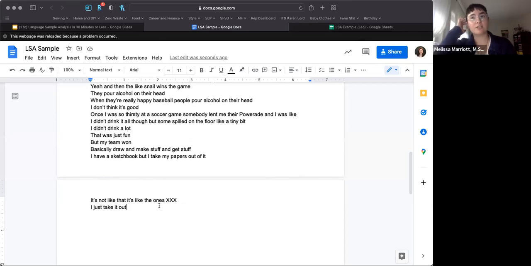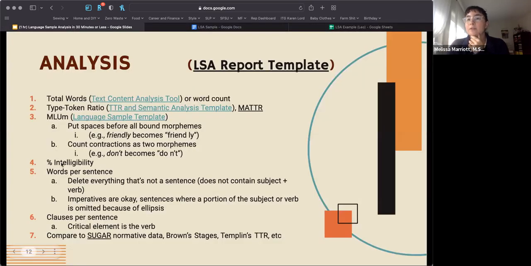But you have to make sure that all you have are complete sentences. So imperatives, even though they don't have a subject necessarily, the subject is implied. So it's okay to keep those. But everything else generally should have a subject and a verb.